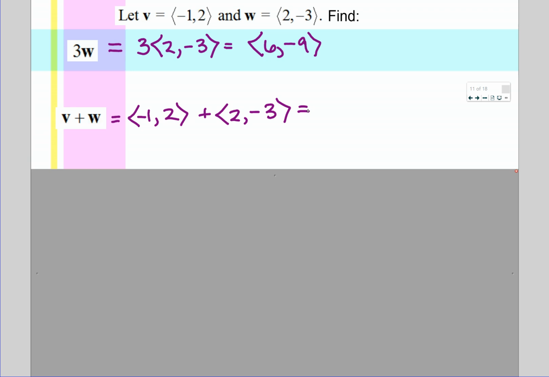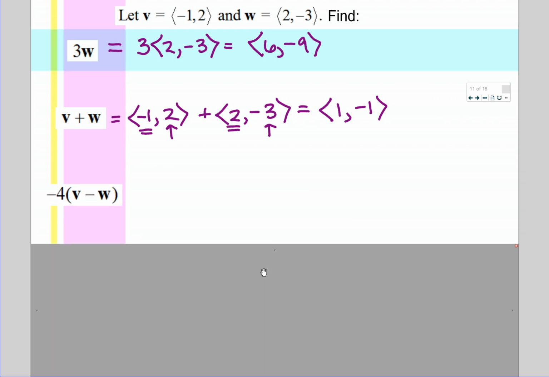We combine horizontal with horizontal, vertical with vertical, and that gives me the final movement, and that will give me the length and the direction of that vector. So -1 and 2, if I add those together, my first component is going to be a +1. And then if I add 2 and -3, I get -1. So that is the resultant, algebraically instead of geometrically.